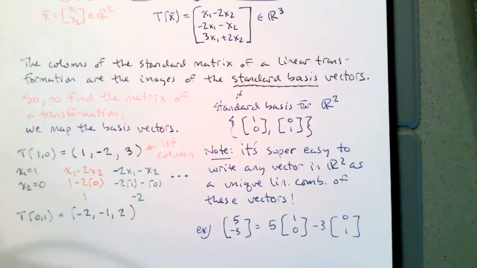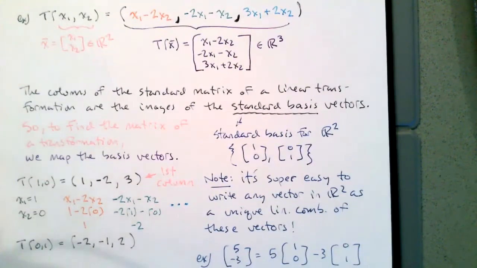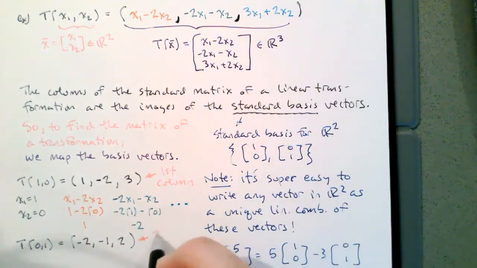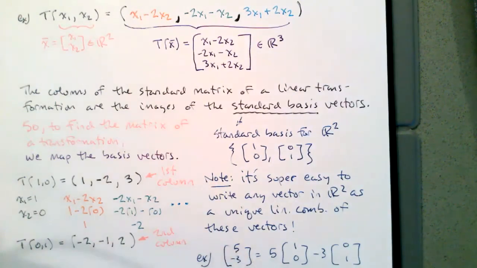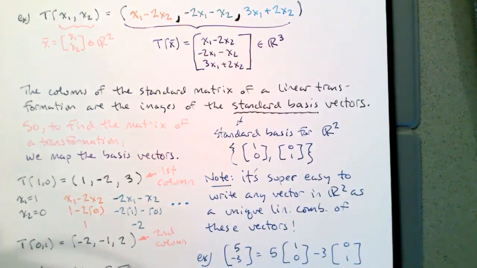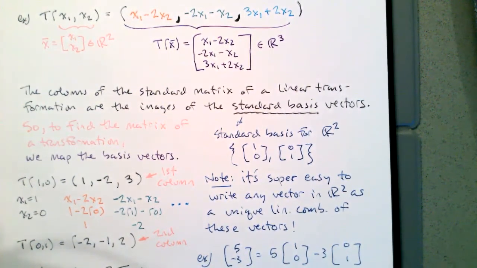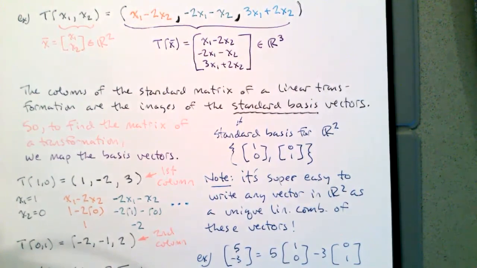There's the second column. I just plug x1 and x2 into my transformation, and here's our second column. So the standard matrix of T is 1, negative 2, 3, negative 2, negative 1, 2.